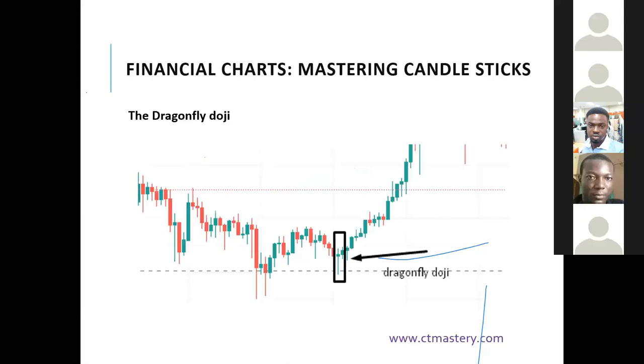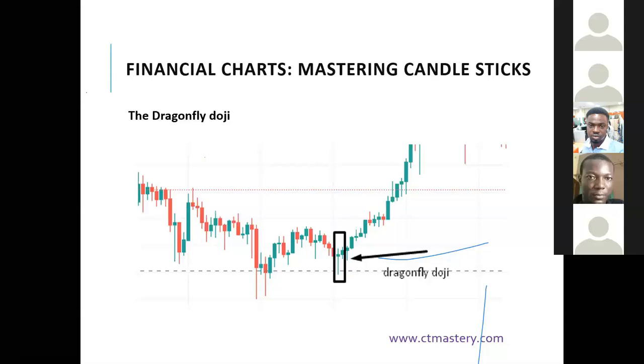Someone is raising a hand. Do you guys have a question? Hello, Mr. Jude, I'm very grateful for the nuggets you are dishing out here. It's really top notch. I've never heard of all these concepts before, and this is good. But I want to ask, are these financial chart concepts applicable to both Forex and crypto charts, or only crypto charts?